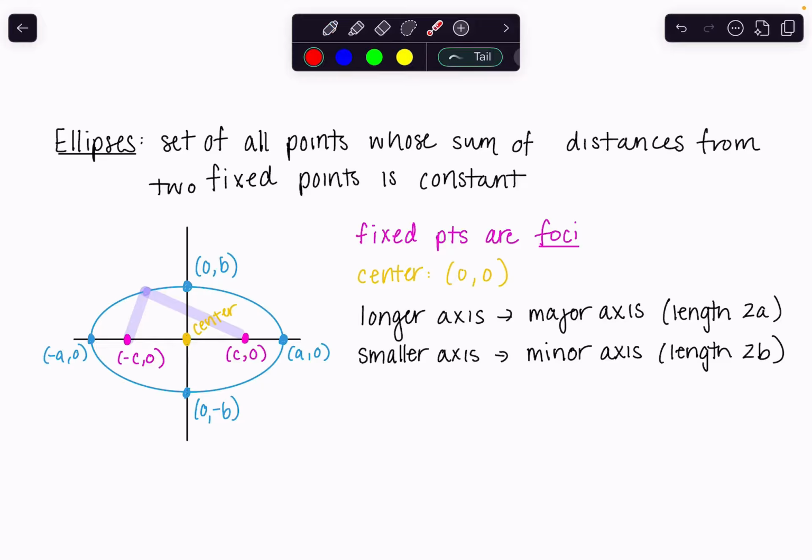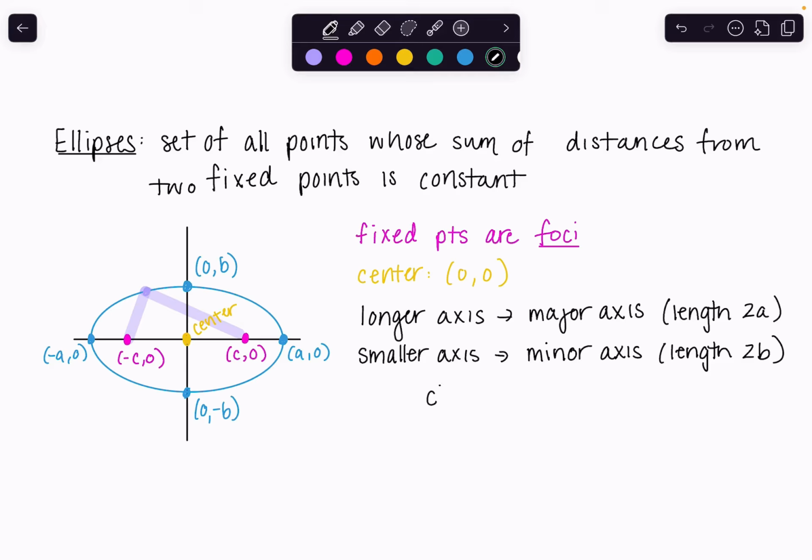Then there is a connection between these values of a, b, and c. This is what's going to define these conic sections. That's just what ellipses, circles, hyperbolas, which we'll learn very soon, are called. So it's kind of like an anti-Pythagorean theorem.